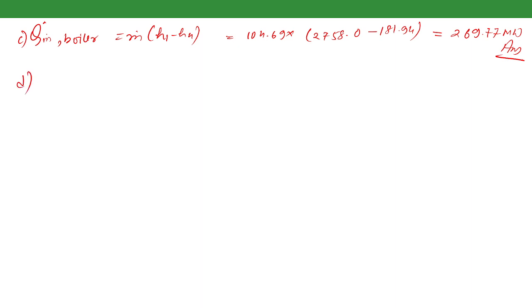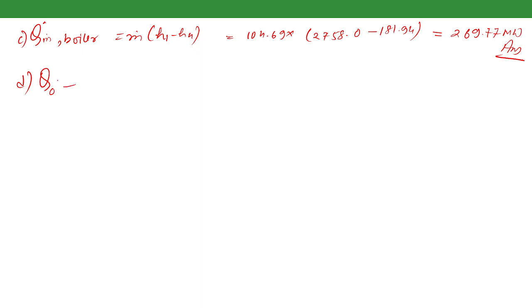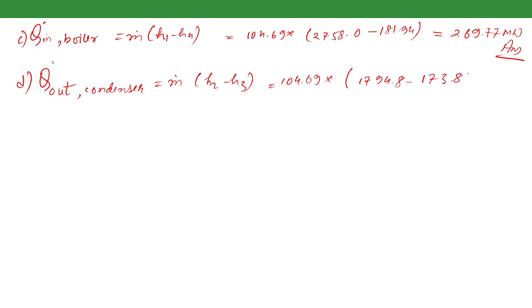What is the heat lost in the condenser? This is equal to m dot (h2 minus h3). So this is 104.69 multiplied by 1794.8 minus 173.88. So this value comes out to be 169.75 megawatt.